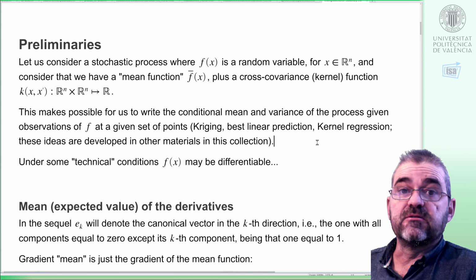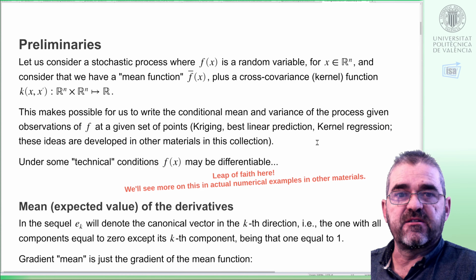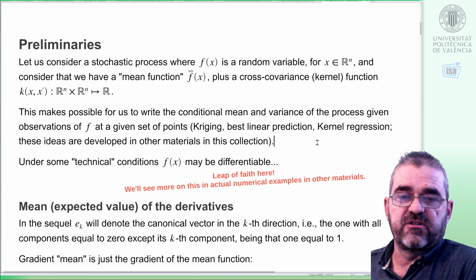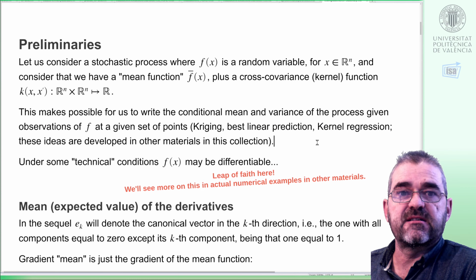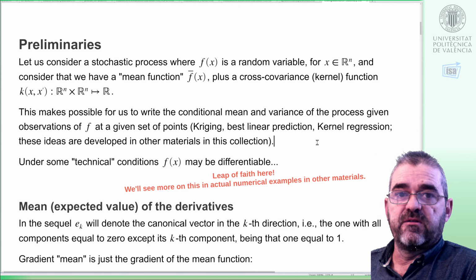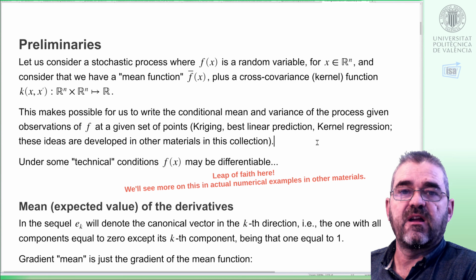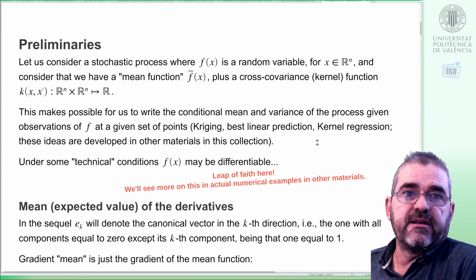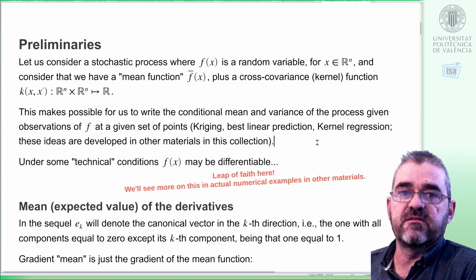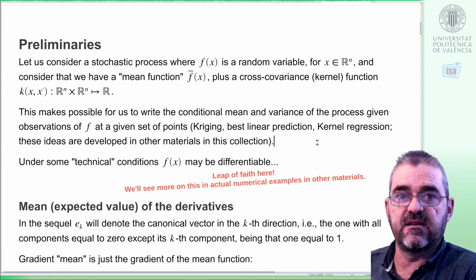Under some technical conditions, f may be differentiable. We are not discussing those technical conditions, just imagining that, okay, if we have a mass subject to random forces, then the derivative of its position exists, means something, is the speed, and even if mathematically defining all that can be sort of tricky, well, okay, as engineers, we do understand what the speed of a randomly moving pedestrian, let's say, is.